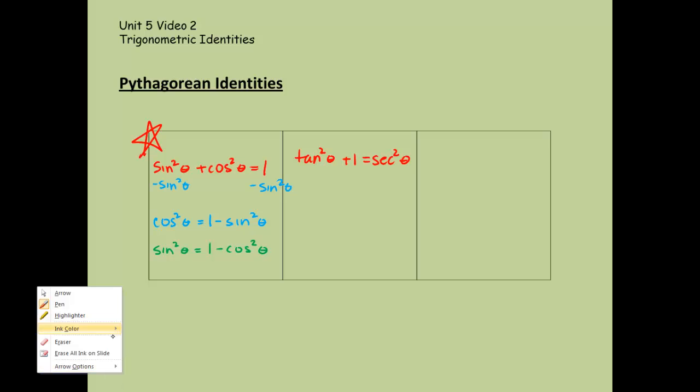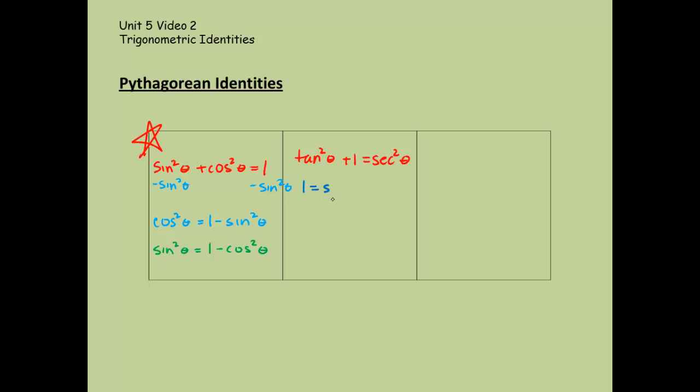And once again, if I do just a little bit of algebra, I can subtract the tangent to the other side, leaving me with 1 equals secant squared of theta minus tangent squared of theta. So that would be subtracting the tangent and leaving the 1 all by itself on the left-hand side. Could I get tangent by itself?